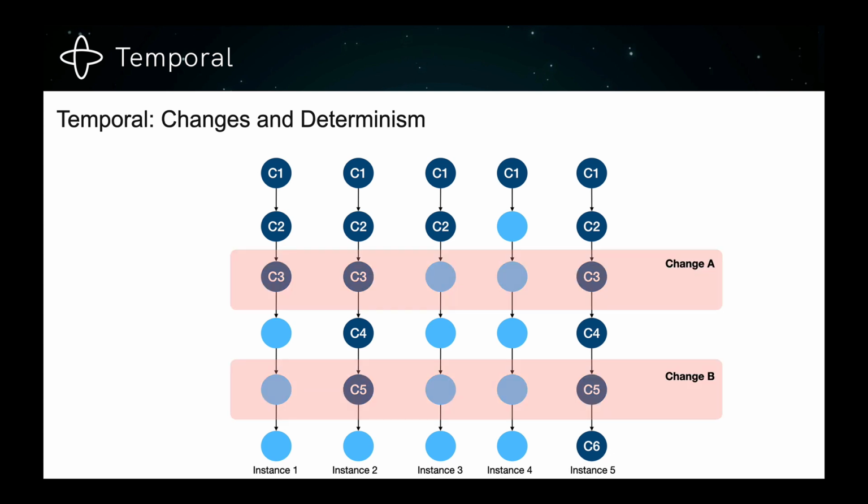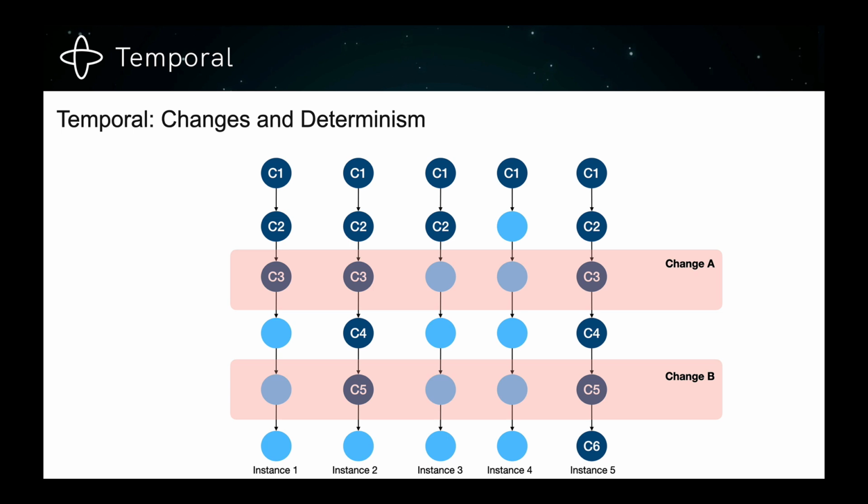So let's say we want to introduce some changes. Let's say change A and change B to our code. For change A, we see that, okay, this code would work for instance 3 and 4 because it's placed at a location of the code that hasn't really executed yet. But this would break the determinism of instance 1, 2, and 5.